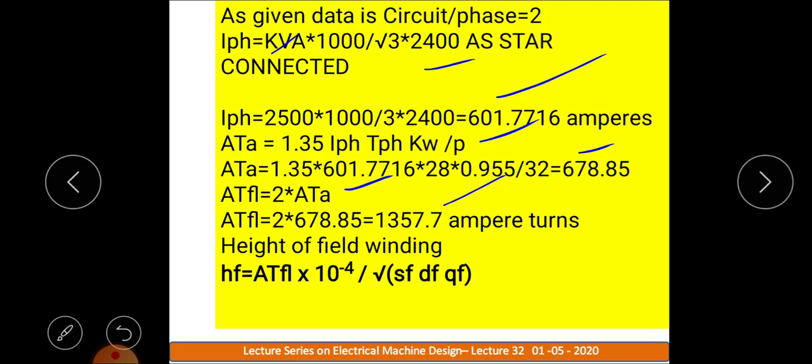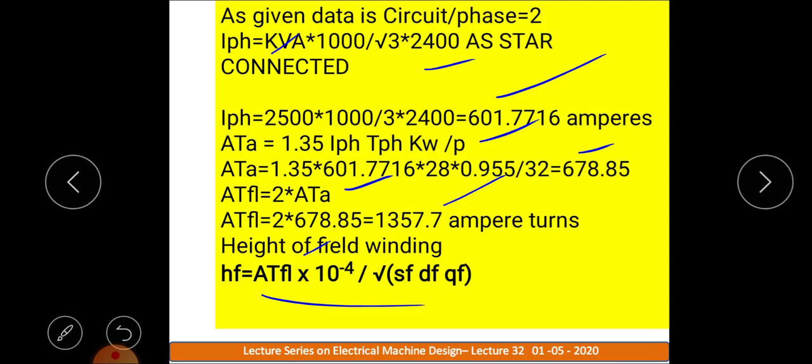Now we have the next equation for height of field winding. That is ATFL multiplied by 10 raised to minus 4 divided by square root of SF into DF into QF. Here ATFL is already calculated, 1357.7. Now under the square root we have three terms. First one is SF, the copper space factor.